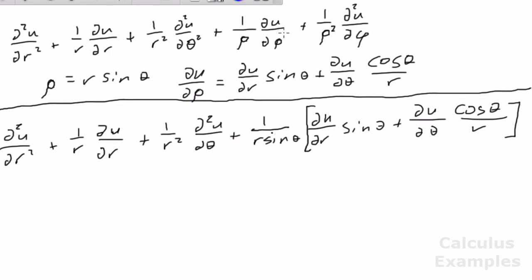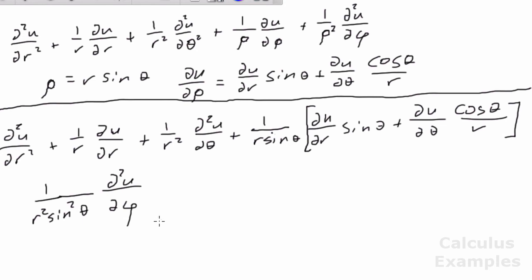And then we have 1 over r squared sine squared theta from this term, and then the second partial of u with respect to phi.